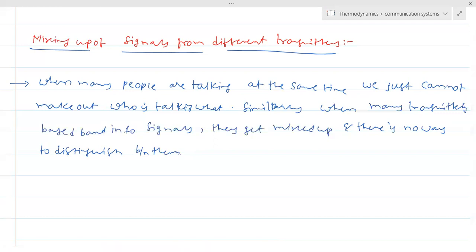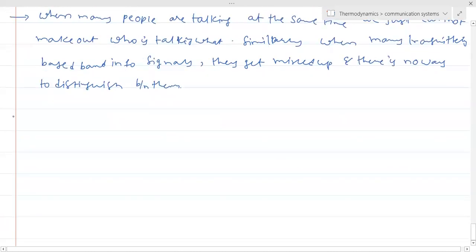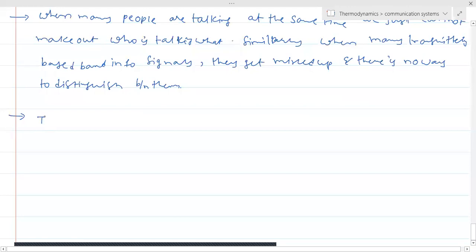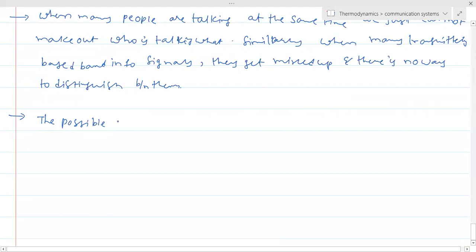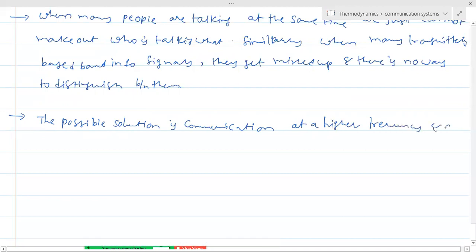Radio station or TV station that you take, definitely it needs to have a frequency range. So that is the only solution. So that's why we are writing the possible solution. The possible solution is communicating at a higher frequency and within the boundaries of some frequency.